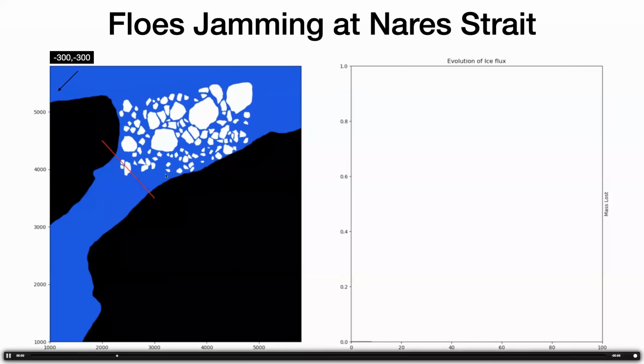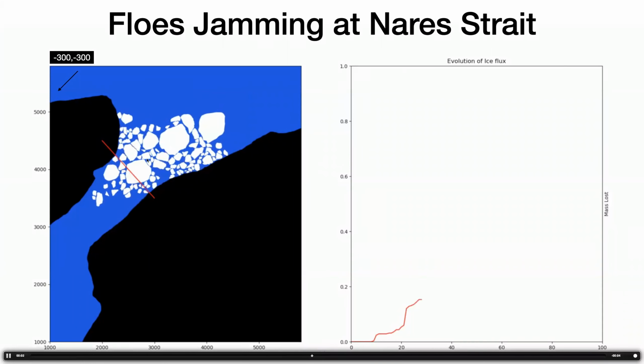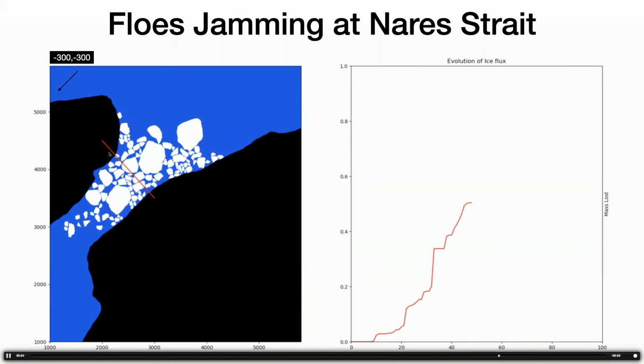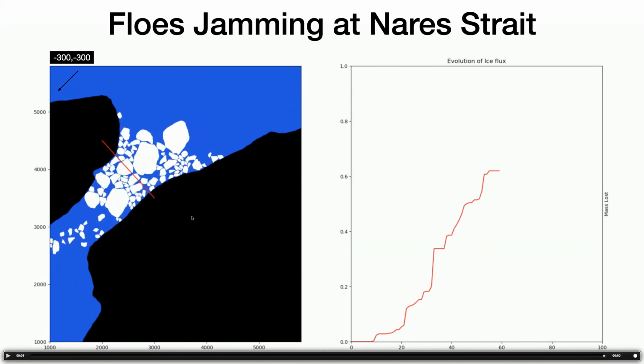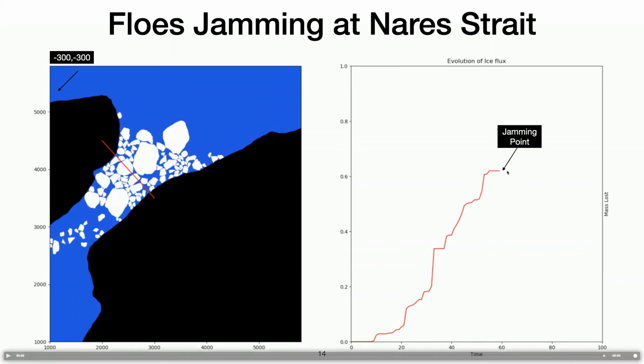Here we can see how, as sea ice starts accumulating at the onset of the strait, we get to a point where there's jamming and no more significant amount of mass can traverse through this line, unless there are some changes in external forcing. That's what we wanted to demonstrate using this sort of simulation.